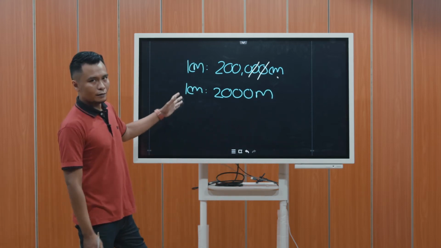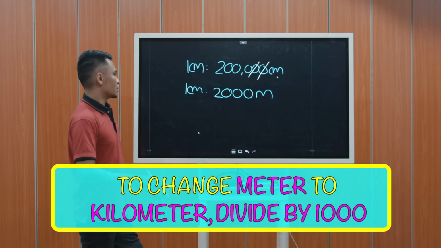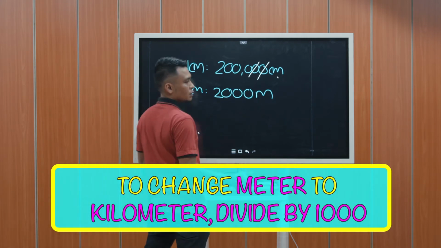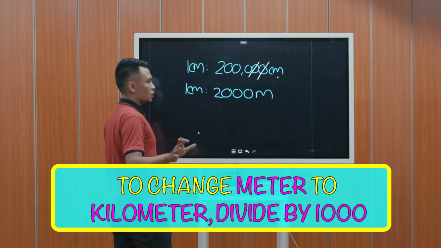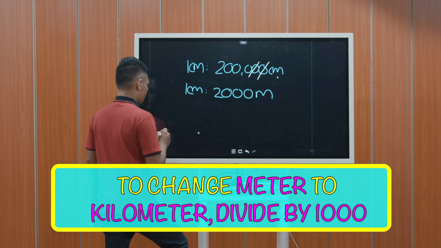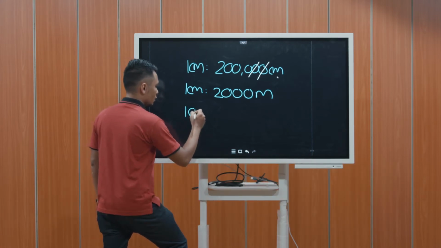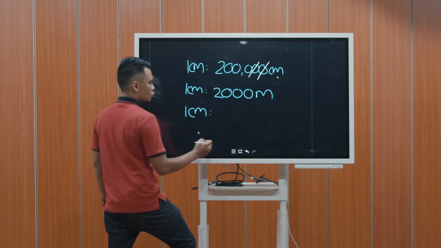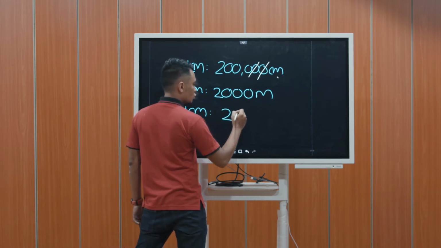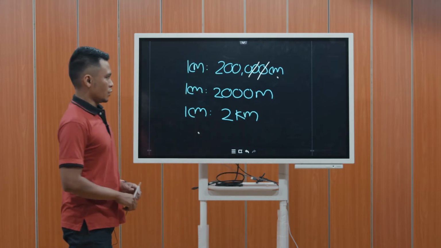Everybody agree with that? After you get meter, you convert it to kilometers. Convert it to kilometers is dividing by 1,000, right? So it's removing 3 zeros. So what I get is 1 centimeter is to 2 kilometers. Okay?